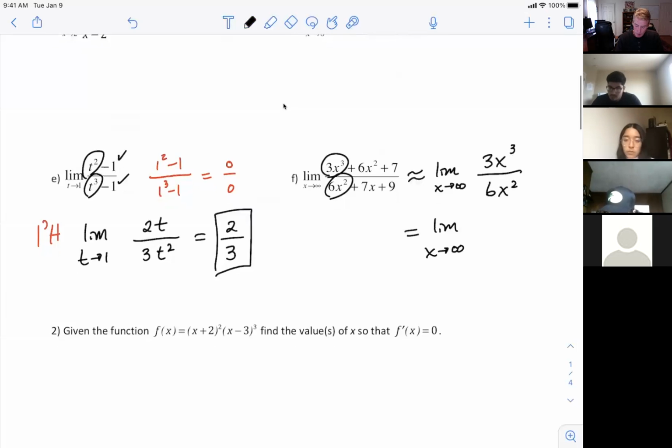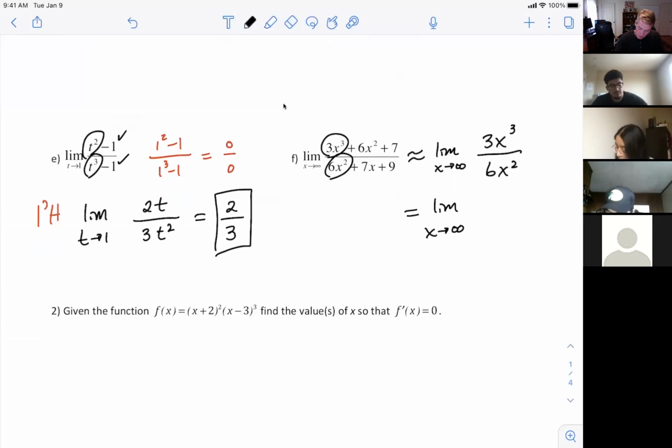When I reduce that, it's going to leave just an x on the top and a 2 on the bottom, which means it's going to be infinity divided by 2. Do y'all know what infinity is when you divide it by 2? It would be infinity.